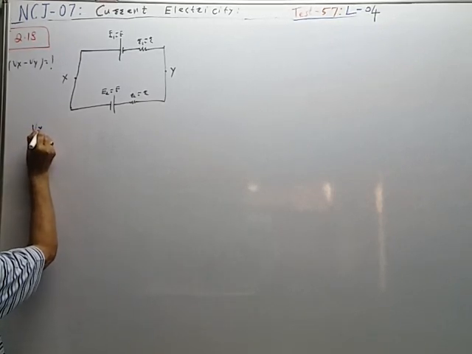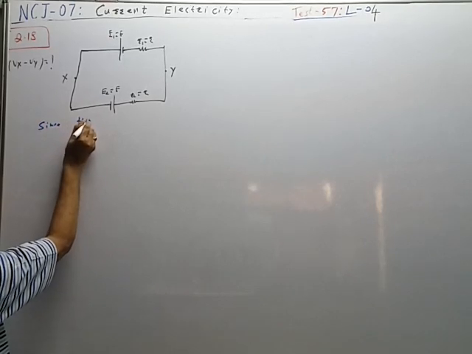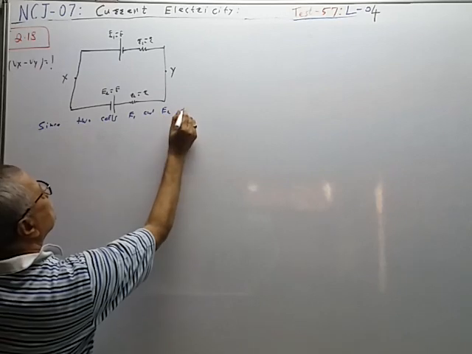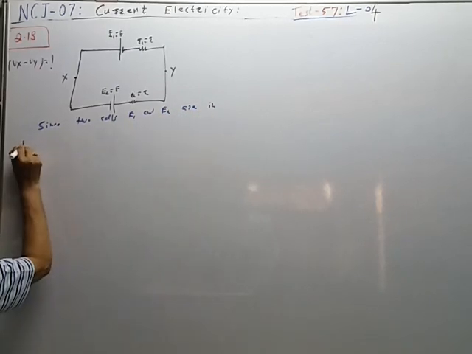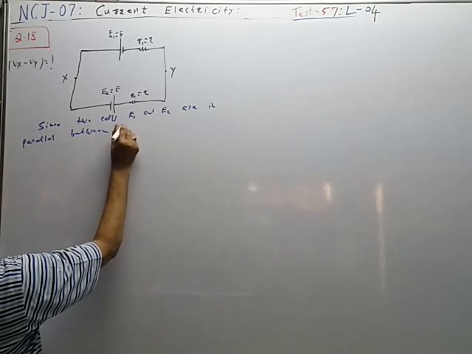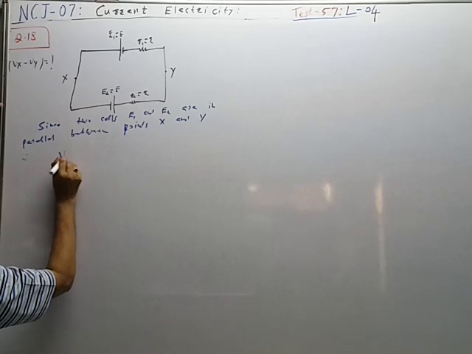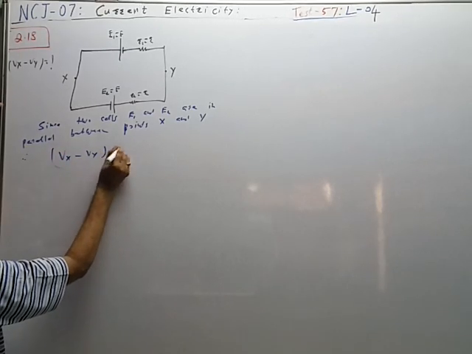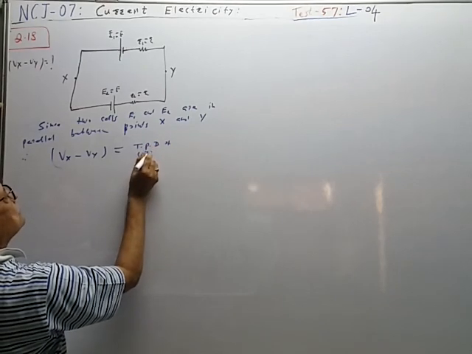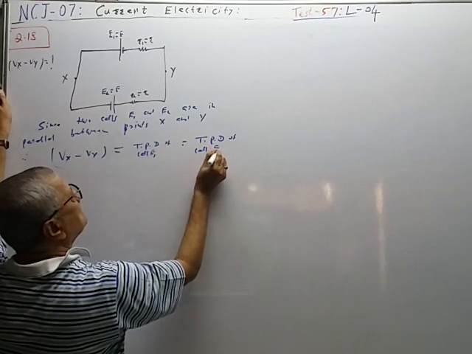So since two cells E1 and E2 are in parallel between points X and Y, therefore Vx minus Vy is equal to the terminal potential difference of cell E1, which is equal to the terminal potential difference of cell E2.